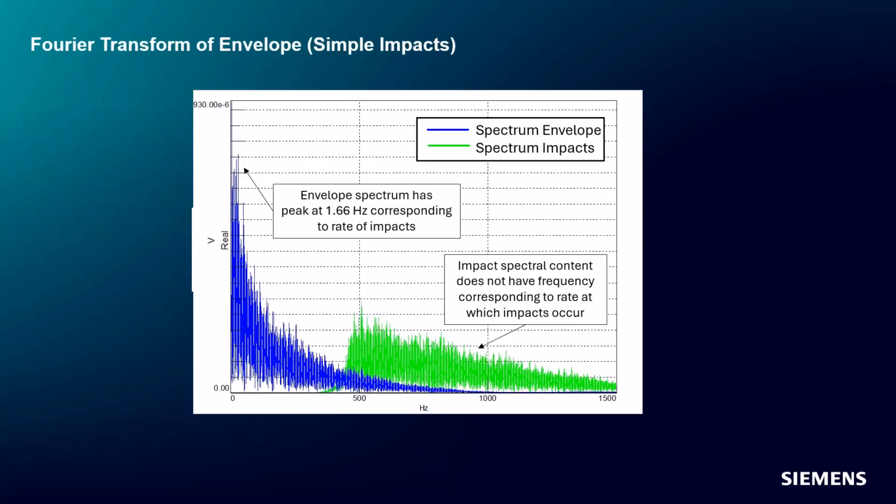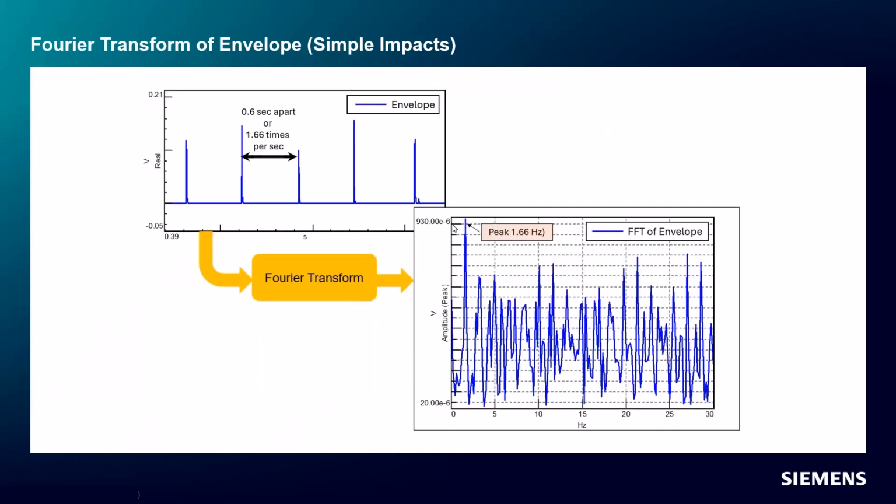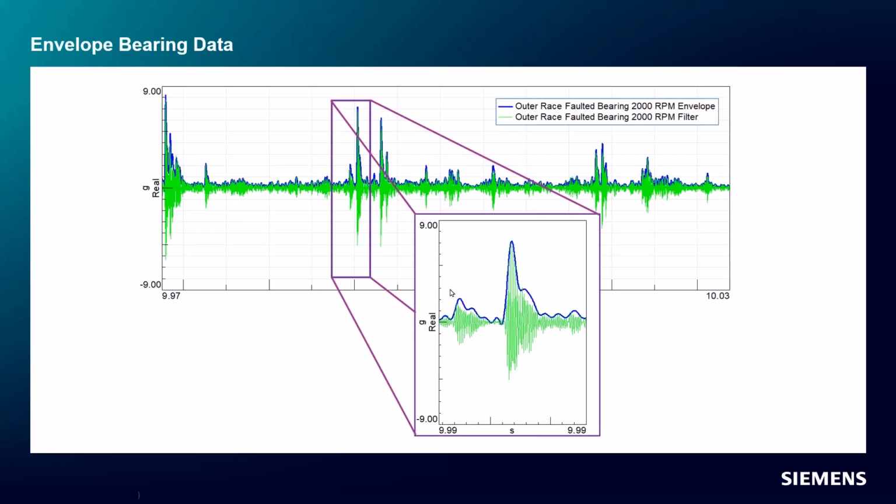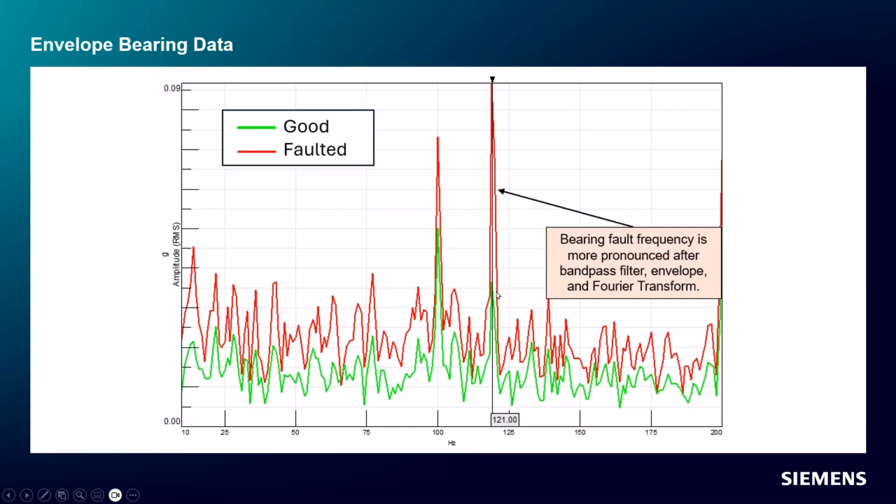Again, just to drive home the point here, those impacts had high frequency content, but after we did the envelope of the impacts and did the spectrum of it, then we could get the 1.6 hertz peak. When we did that with the actual faulted and non-faulted data, it was able to bring out and show us the difference at 120 hertz or so between the good and the bad bearing, which we could not see by doing the straight up Fourier transform of the data.